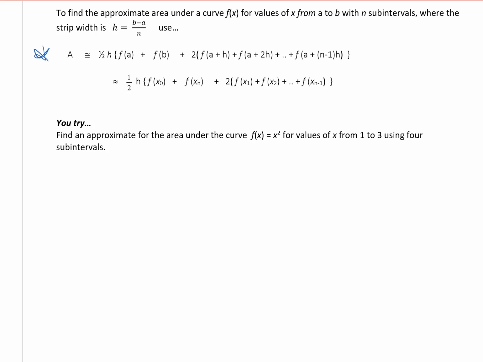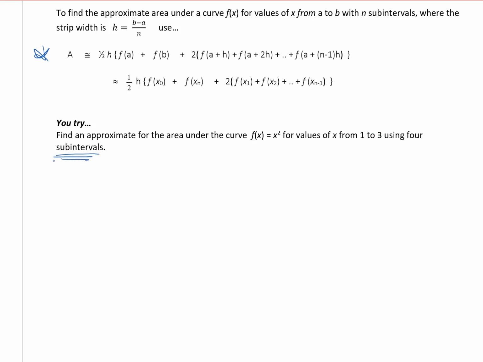Let's have a look at this example, and even in this example you're going to see a slightly different way of talking about the number of applications. It says find an approximate for the area under the curve y equals x squared for values of x from 1 to 3 using 4 subintervals.